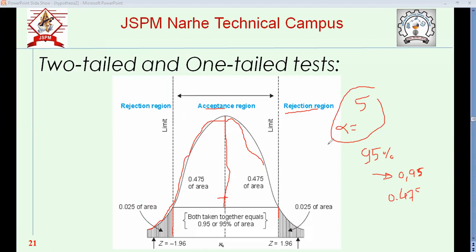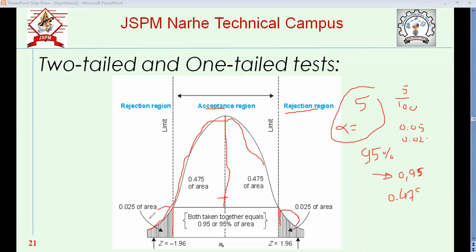It is 5%. So half of the 5% will be what? You divide this 5 by 100, so it becomes 0.05. Half of this will be 0.025 on either side.